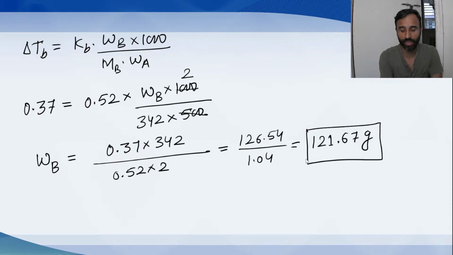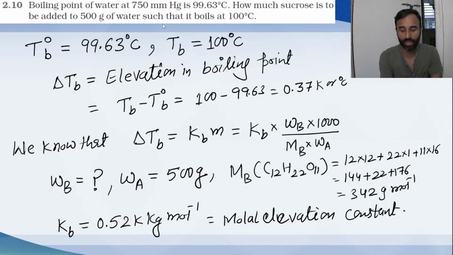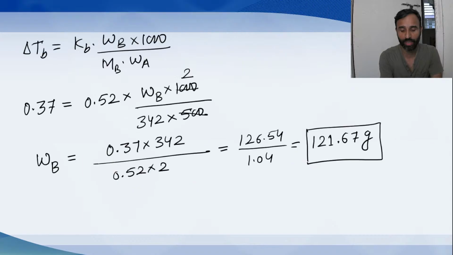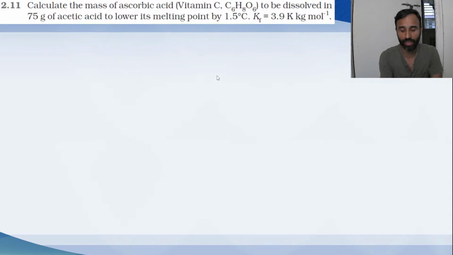So this much of sucrose is to be added to 500 gram of water such that water boils at 100 °C. Okay, so it is 121.67 gram or almost 121.7 gram.